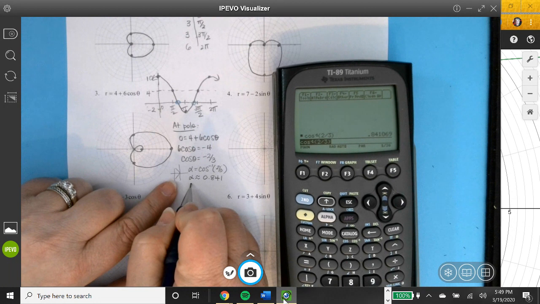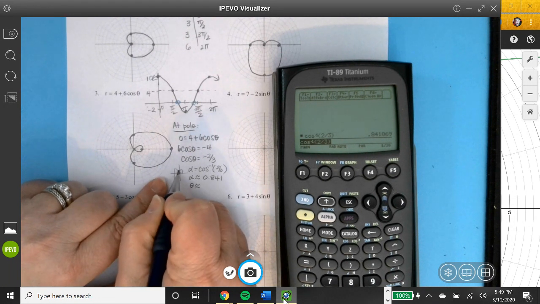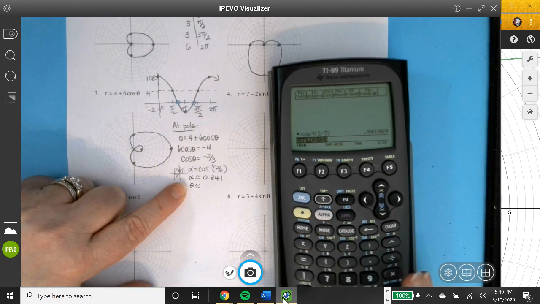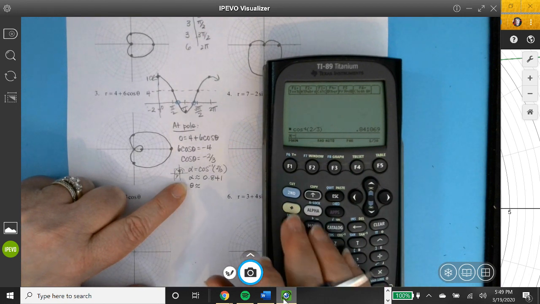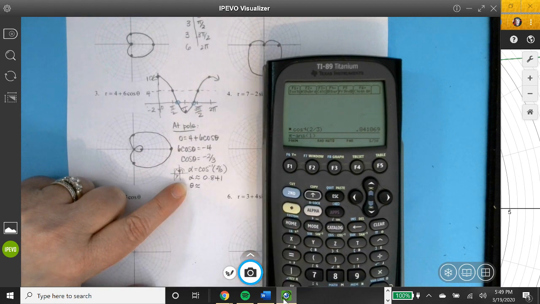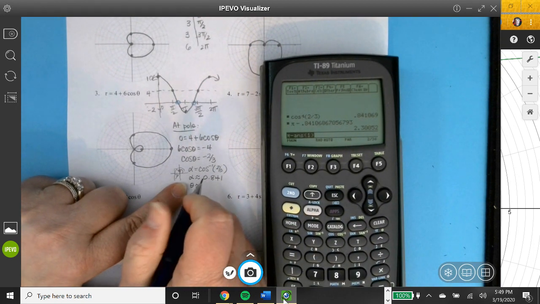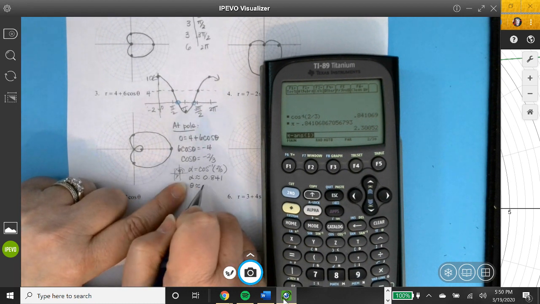All right, but that's not theta, is it? No. This is theta, and I have theta 2 here. So I'm going to say pi minus alpha, which is my answer. So I'm going to go second answer. And that's 2.300, or 2.301.